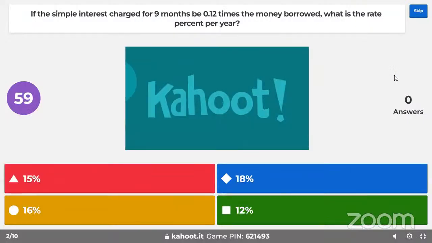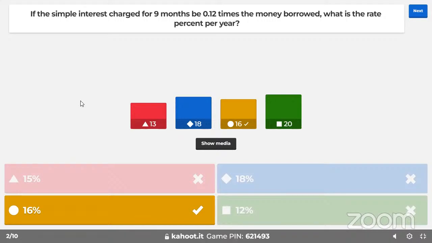If the simple interest charge for 9 months be 0.12 times the money borrowed, what is the rate percent per year? Time's up. 16 is the correct answer.